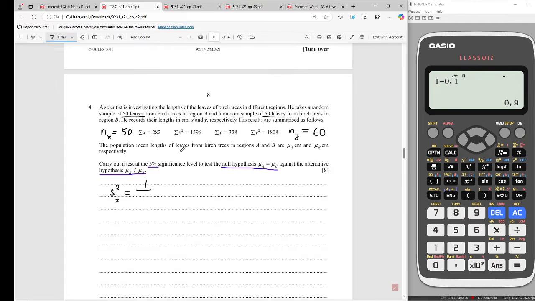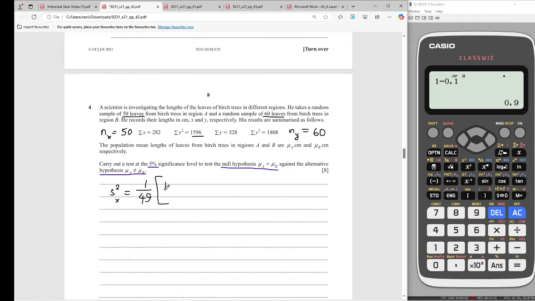Okay, so we have all the values stated over here, and now we can proceed with our steps. First calculate S2 of x, that is just 1 divided by nx minus 1, which is 49, times 1596 minus sum x squared. It uses the same formula as the single sample test, except we repeat it for the y samples.